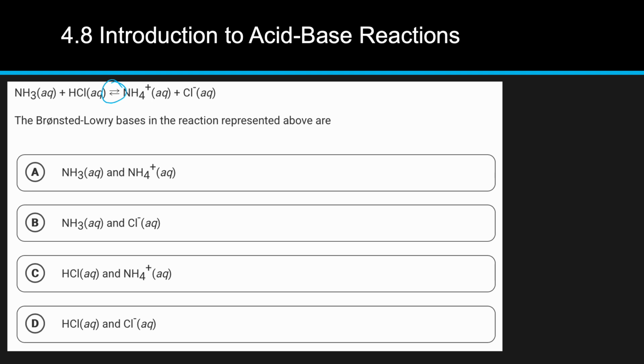So we're used to seeing it like this, but with this double-headed arrow, you can also kind of imagine it going the other way, which is the products as the reactants. So now let's identify our base in both of these equations. So remember, the base is the one accepting a proton, and we can see that NH3 goes from NH3 to NH4+.